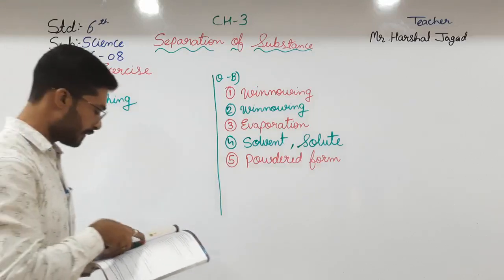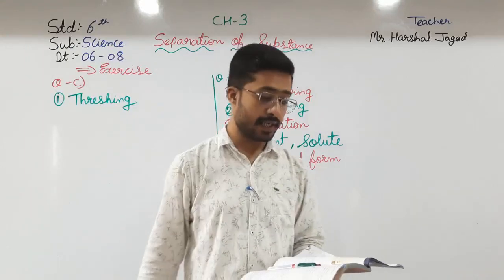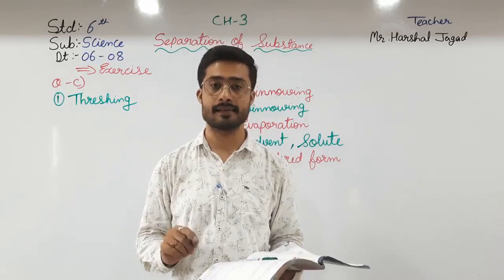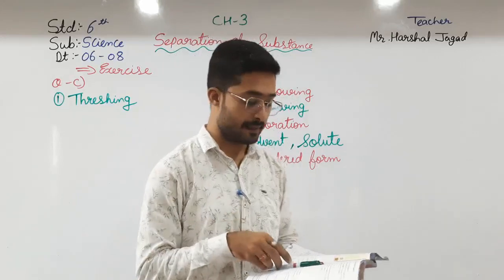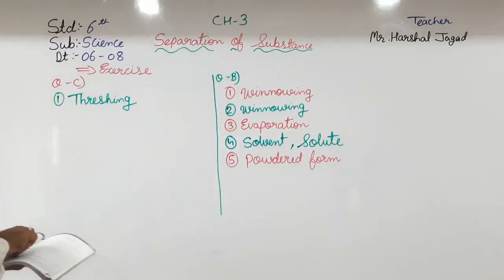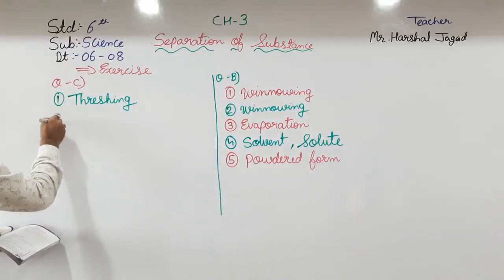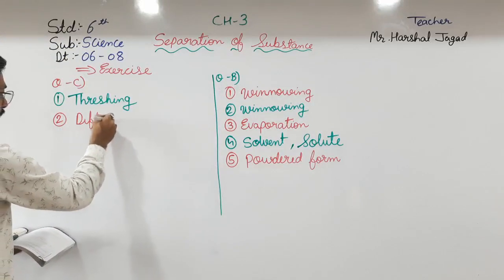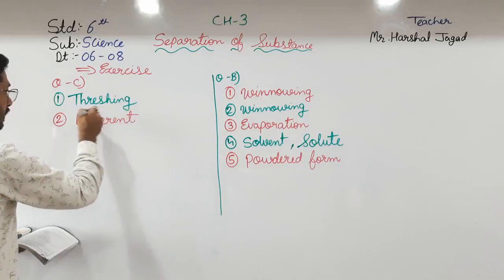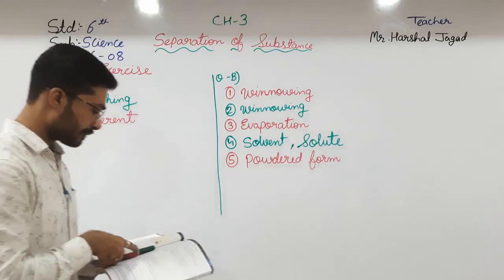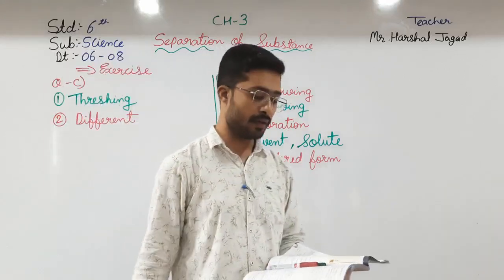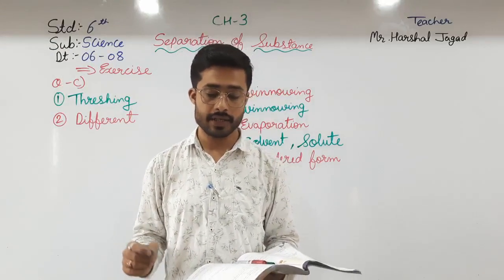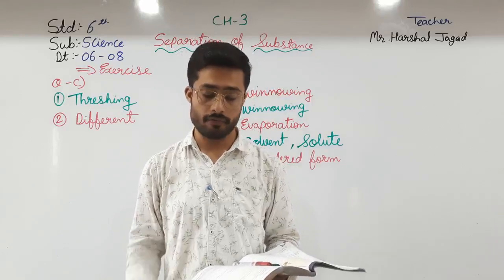Then, sieving is used for separating two substances with similar size. No, different size. So here the second one will be different. Then the third one: condensation is the process by which a dash changes into dash form.